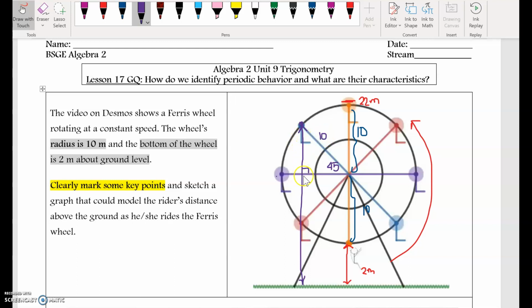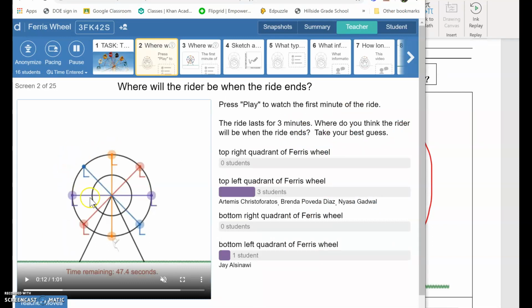So here, these legs would have been 10 divided by radical 2, which would have been about 7 point something. And then you would have added that to 12, which would have been about 19 or 18 estimated. So you could have found all those points as the Ferris wheel were to rotate.